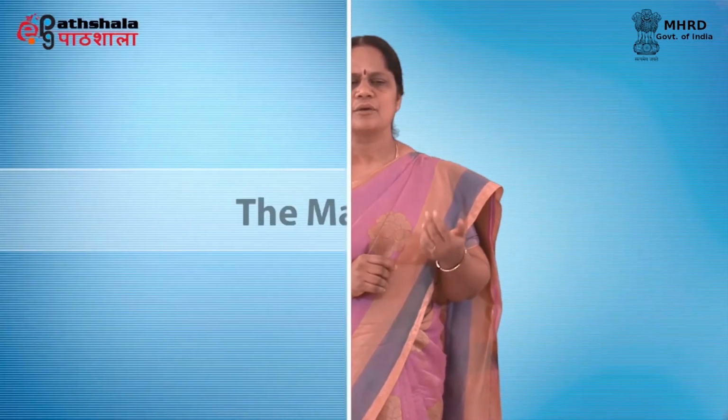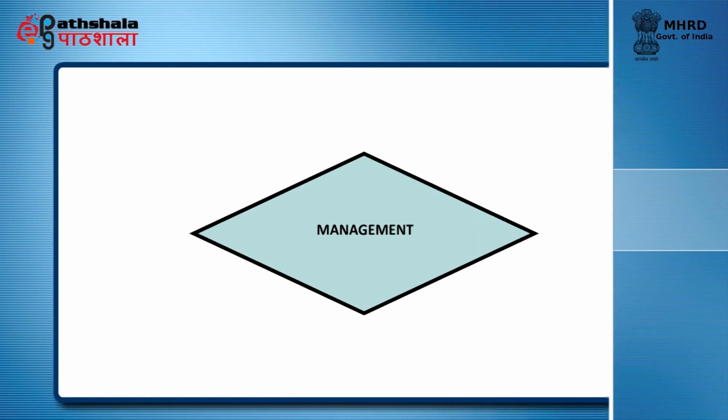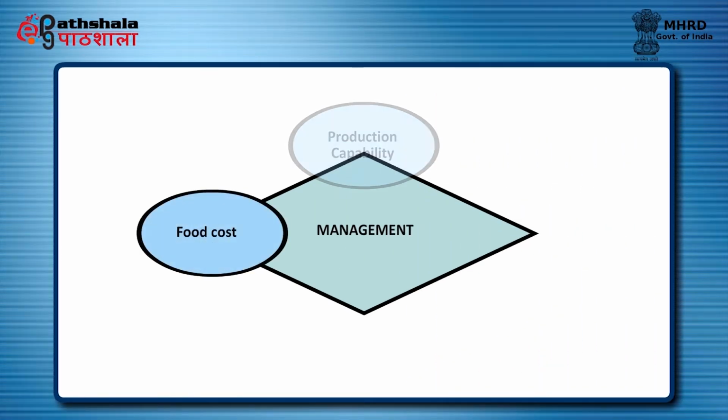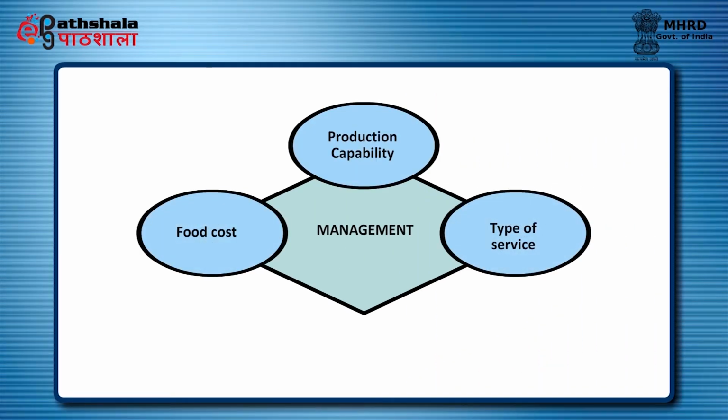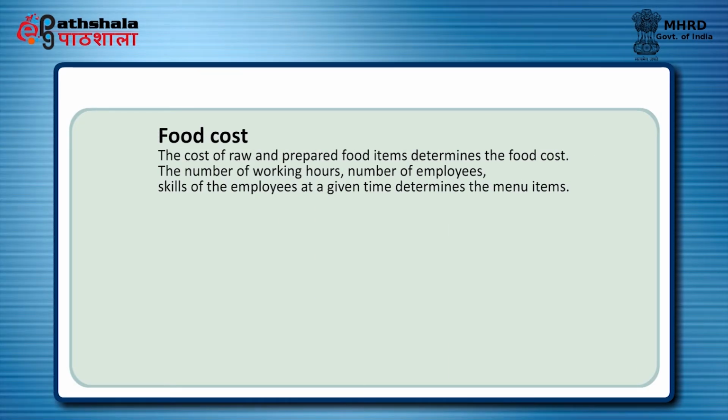Next, we will learn the factors affecting menu planning from the management's viewpoint. Food cost, production capability, types of service and availability of foods are the factors based on management. The cost of raw and prepared food items determines the food cost.